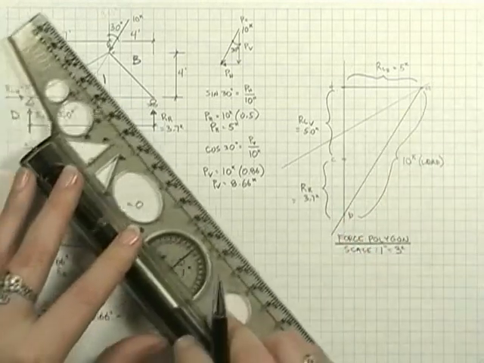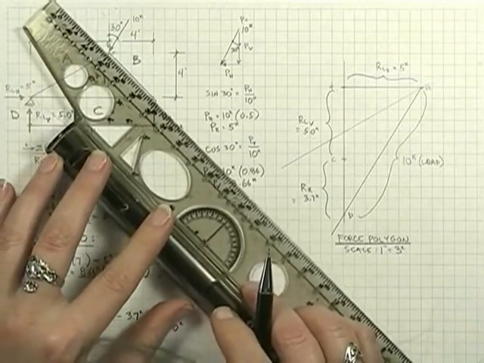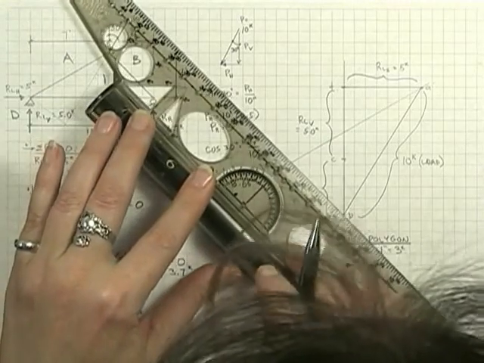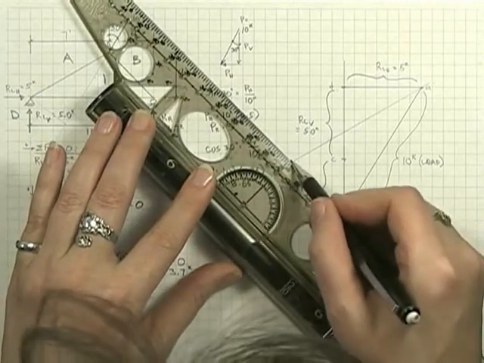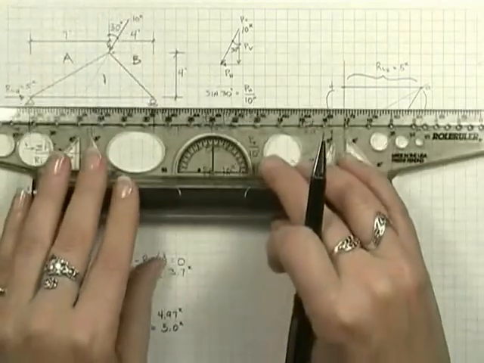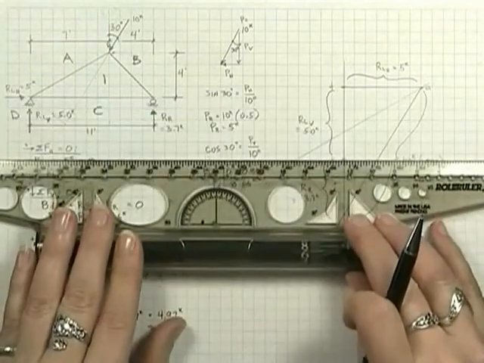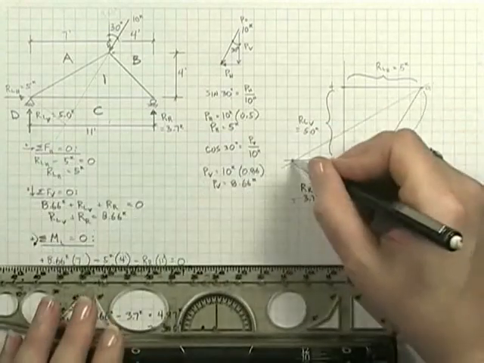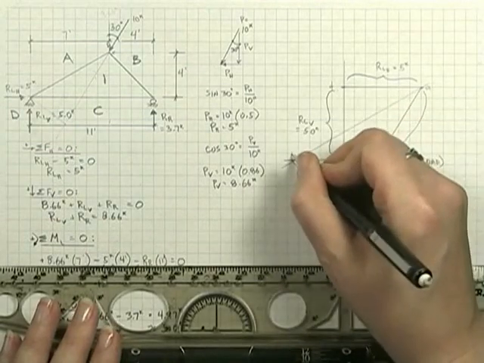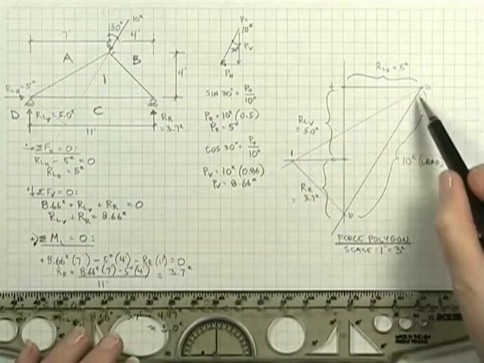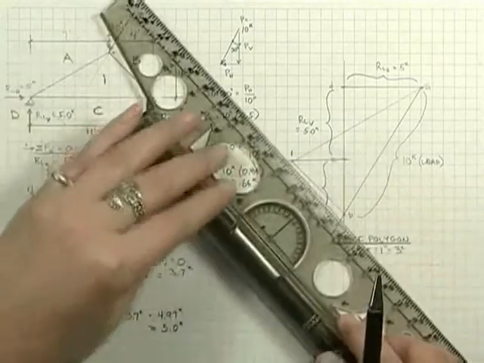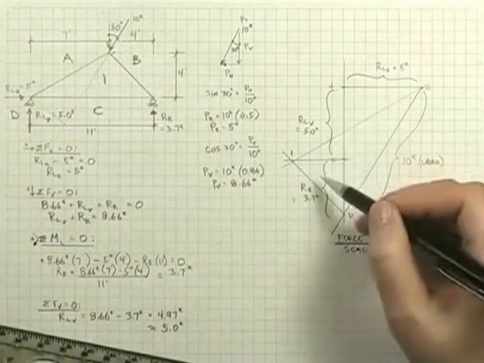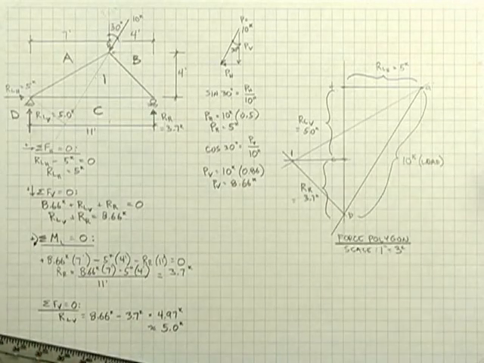Then we have vector B1 going this way. And then the horizontal vector C1 going this way. And it's a little bit off, but it's fairly close. This is point 1 that's shared between all of them. A1 and B1 intersect at 1. And C1 also intersects at point 1.